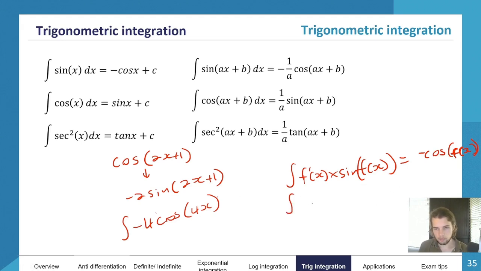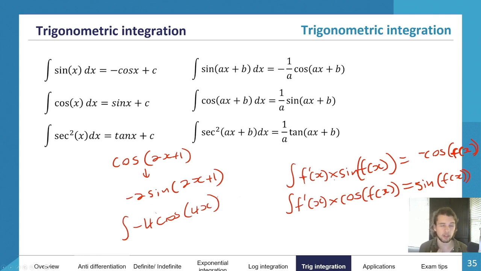And similarly, if we were looking at the differential of f(x) multiplied by cos f(x), if we were getting the integral of that, we would see it would become sine, no negative here, f(x). So that's our more generalized formula where we use f(x).